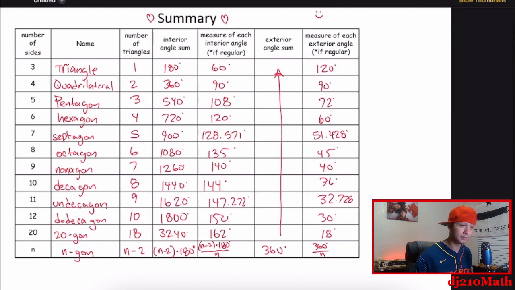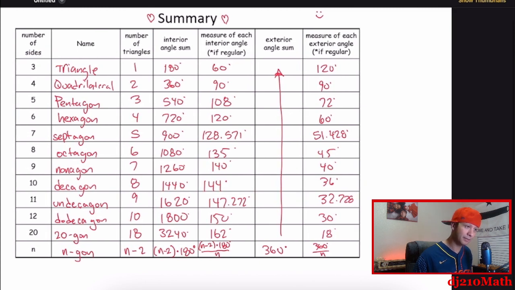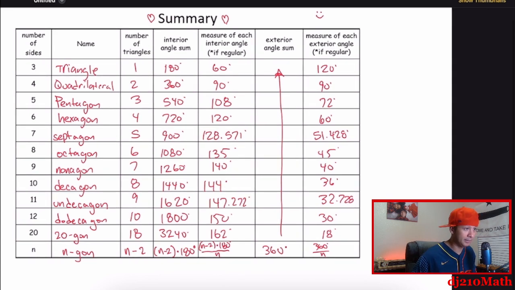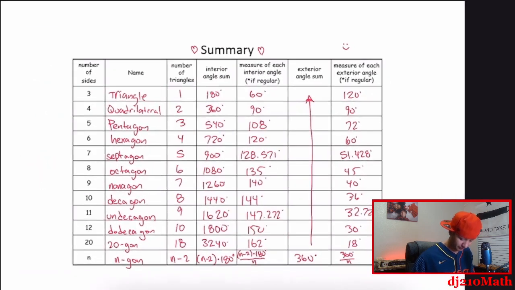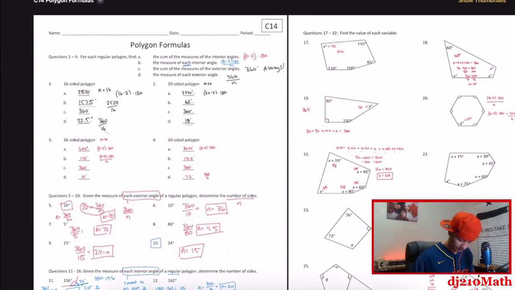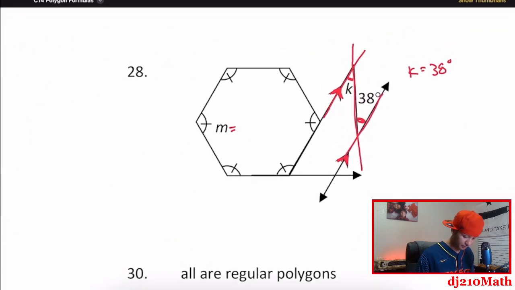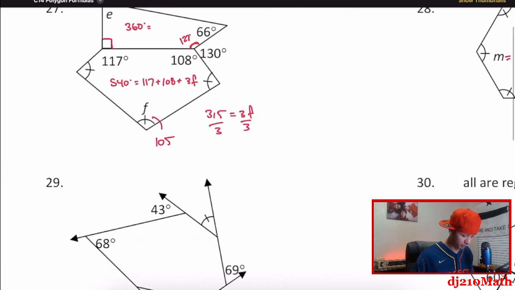You can pause and write this down. A hexagon has 120 as the measure of each interior angle. So M is 120. I guess we could use the formula, but you know, the chart's nice.